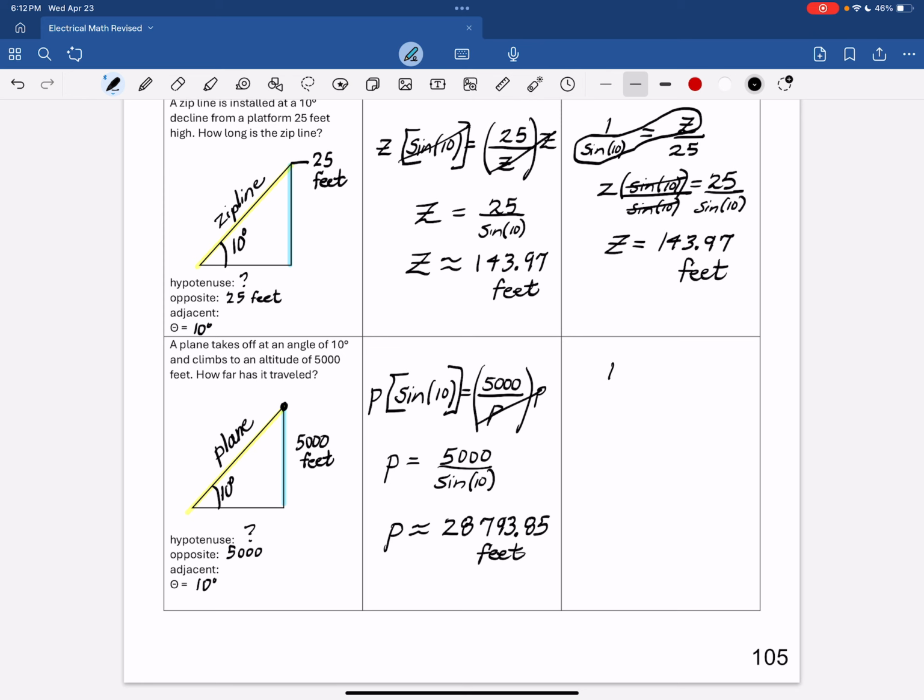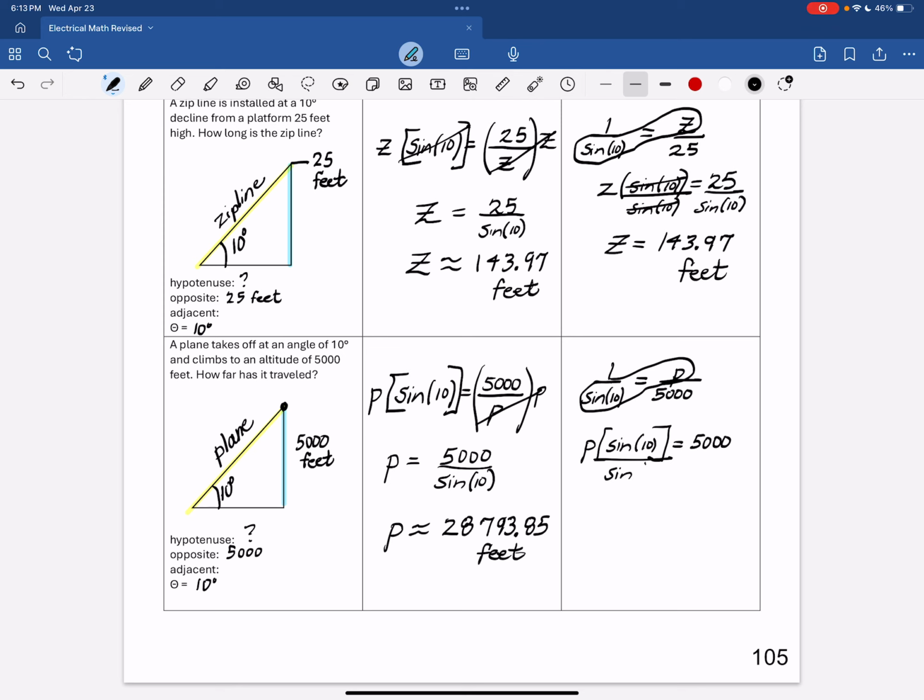And to use the cosecant function, you have sine of 10. And this time we're putting hypotenuse, which we don't know, over opposite, because this is the reciprocal of sine. So we get the plane times the sine of 10 is equal to 5,000.